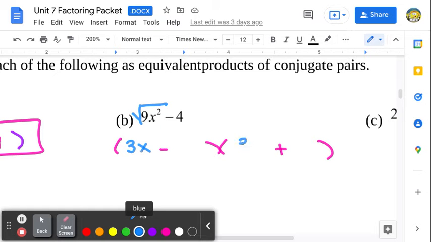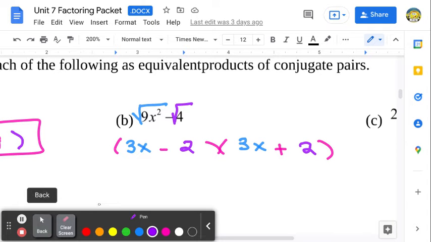That goes in the first space at the beginning and the first space at our second parentheses. Then we have the square root of 4. Square root of 4 is 2. There it goes there. Let's do C, and then you're going to do the bottom row on your own.